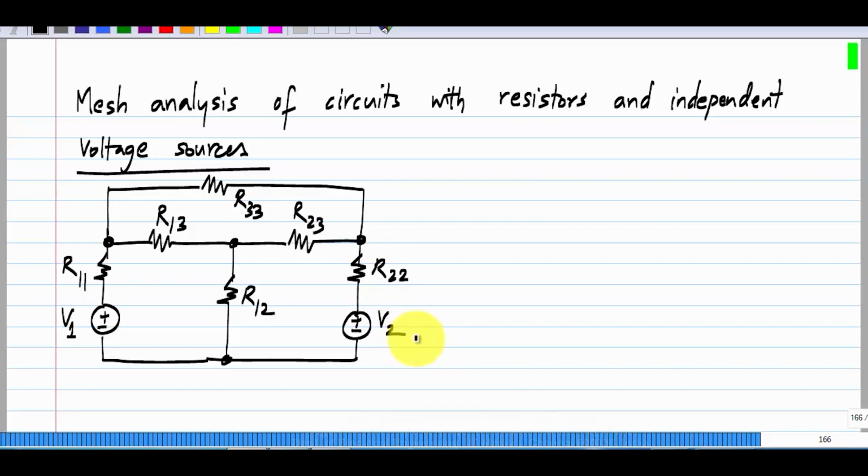And I label that V2. You can clearly see that there are three meshes. One is here, another is there, and another is over there. So with planar circuits, identifying these things is very easy.